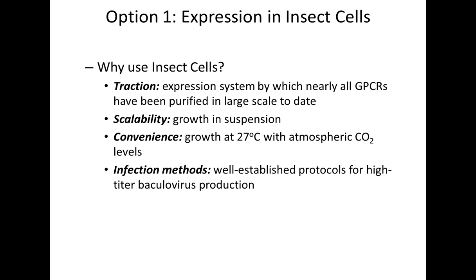They just grow at normal room temperature, so the cost of shakers is minimal compared to other traditional systems. The infection methods are usually baculovirus based, since very few lipid-based transfection protocols are available. The majority of people use baculovirus-mediated infections of these cells.